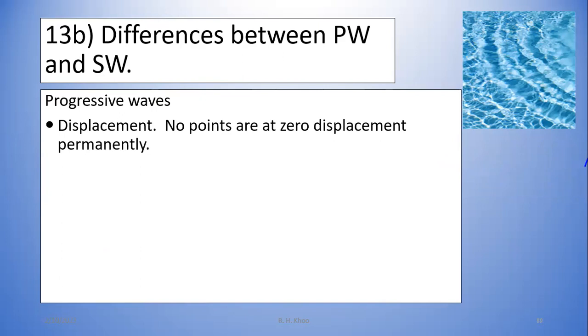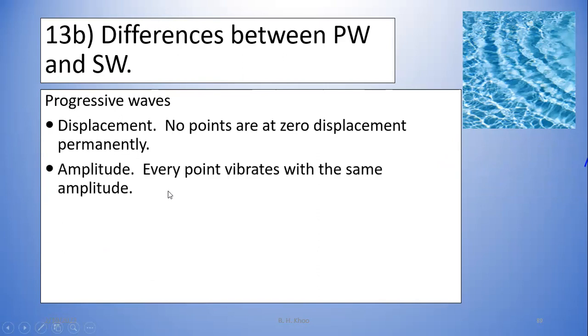Progressive wave, no points are at 0 displacement permanently. Right? Maybe 0, after that, it has a displacement. Amplitude, every point vibrates with the same amplitude. That means there may be different displacement at different times, but ultimately the amplitude of each point is the same.